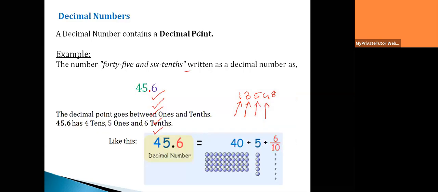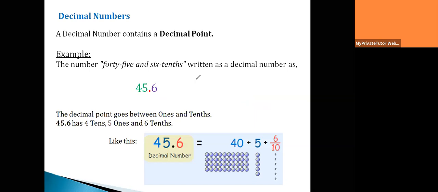Okay, so now we'll go to decimal numbers and see how they work. So what is a decimal number? In a simple way, we can say a decimal number contains a decimal point.